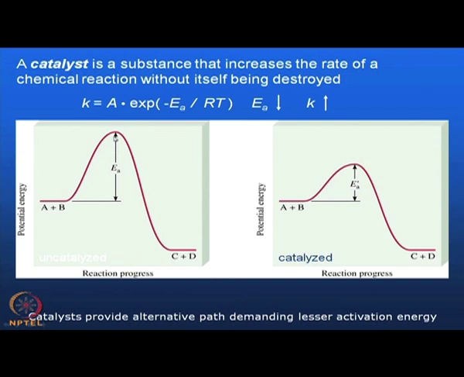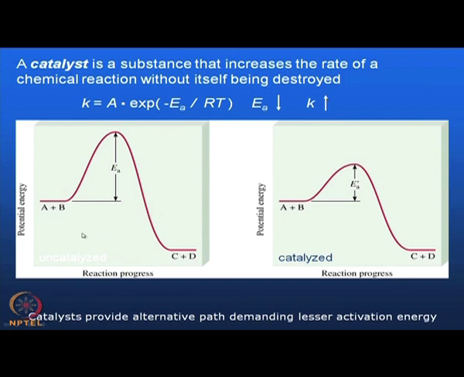If this separation is reduced, then the possibility of barrier crossing from here to here, producing your product, that is the progress of reaction, will be more. That means lowering of activation energy will lead to an increase in rate constant.